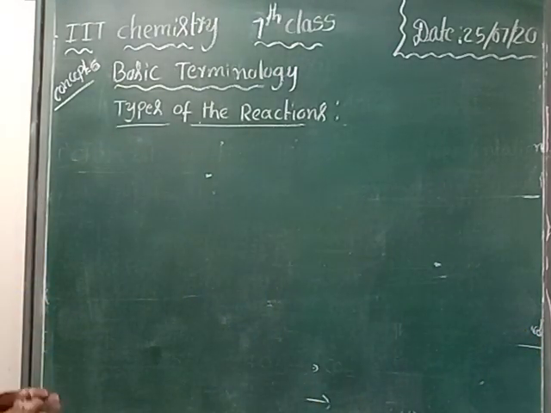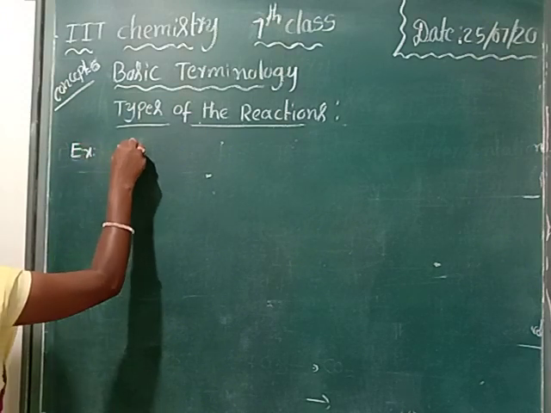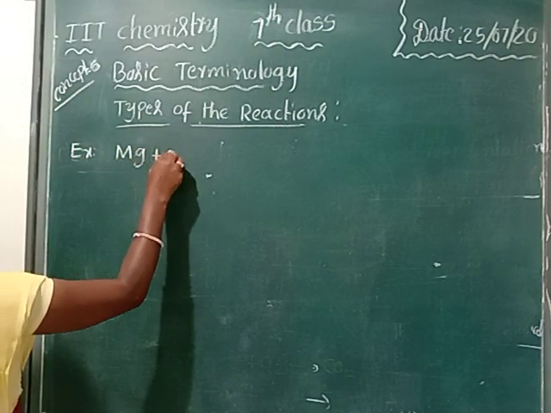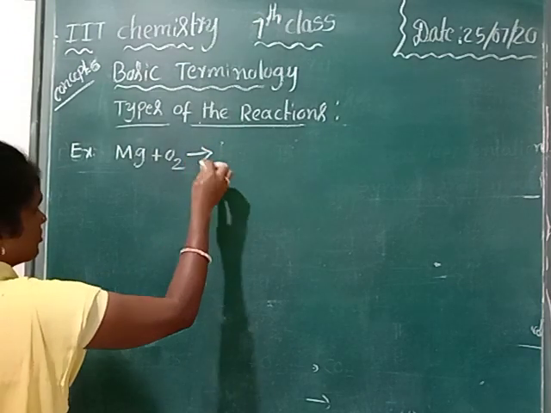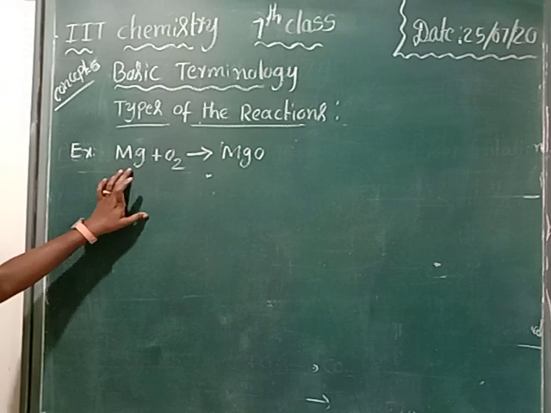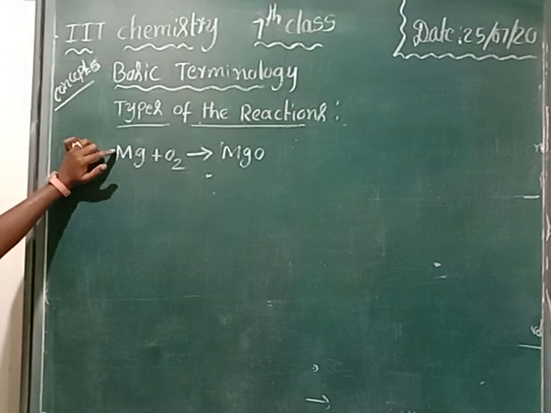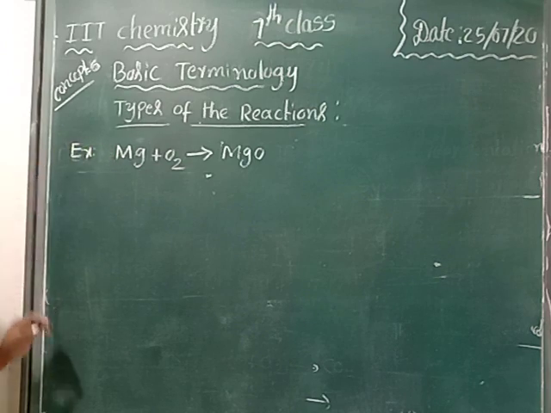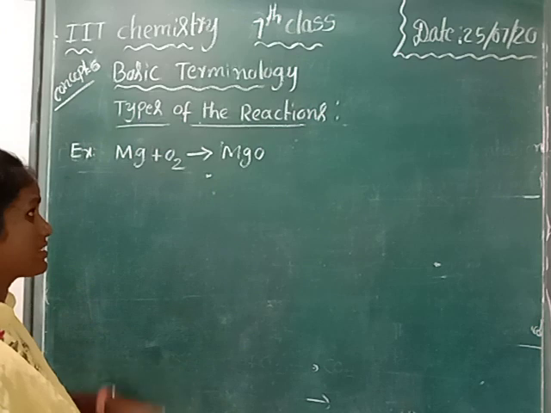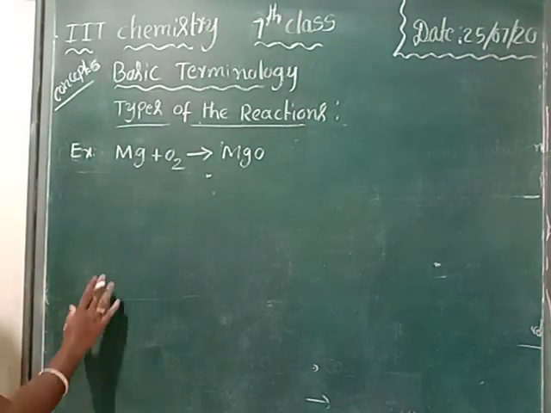Next, for example, we will take one example: Mg plus O2 gives rise to MgO. This is a chemical reaction or equation. What is the definition of a chemical equation? The shorthand representation of an atom in the form of symbols and formulas is known as a chemical equation.